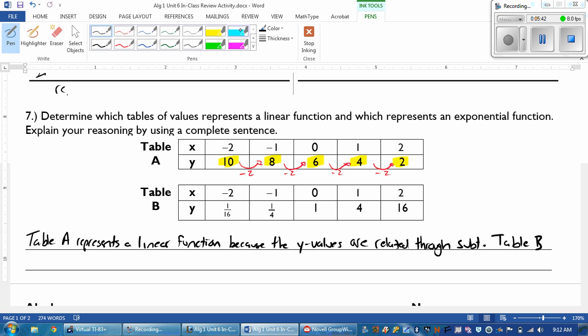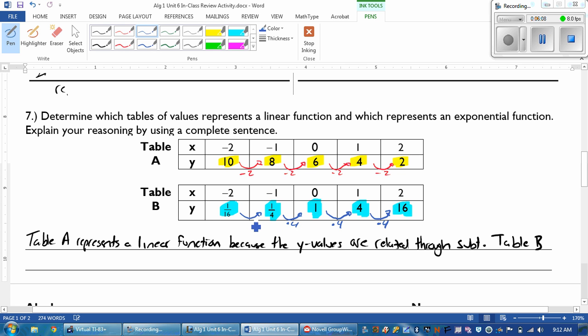But why is table B exponential? What's going on between the y values? Can you tell? It might be hard to tell from the first two, but how does 1 get to 4? How does 4 get to 16? We're multiplying it by something, and we're multiplying it by 4, okay?